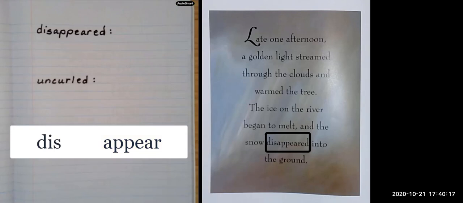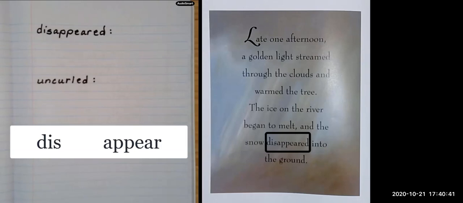And if we think about the base word inside disappear, that word is appear. And appear means we can see it. It's there. It's appeared. It's come before us. Dis means the opposite is happening, which means something is going away.